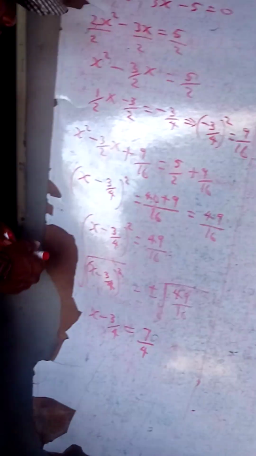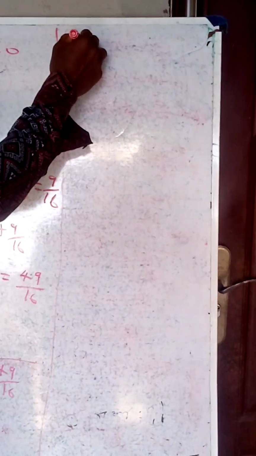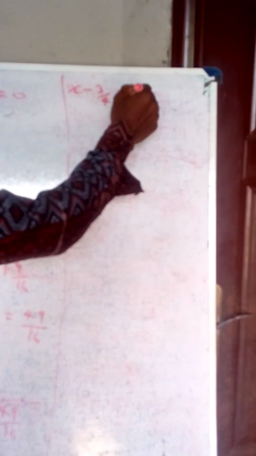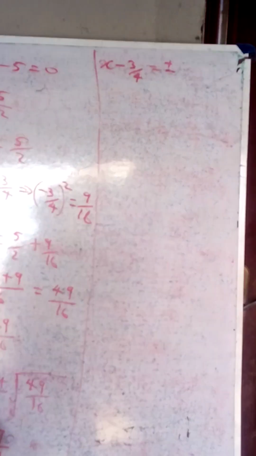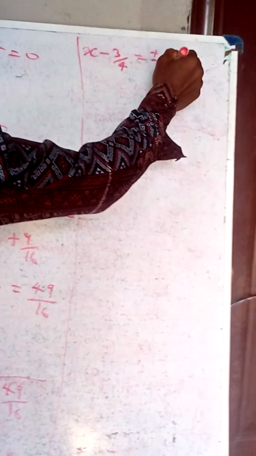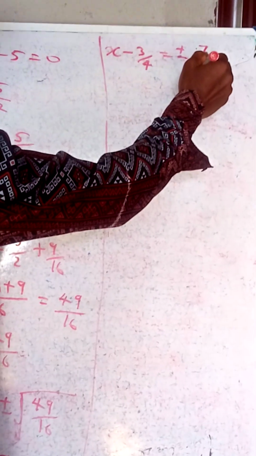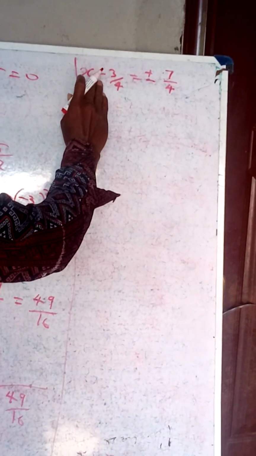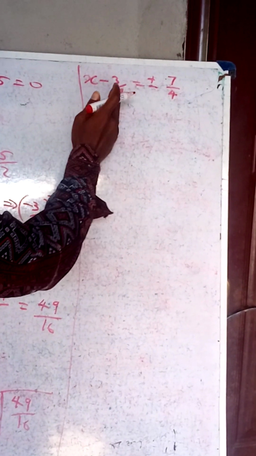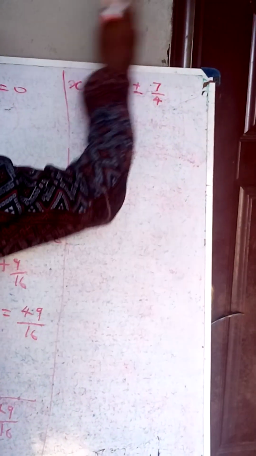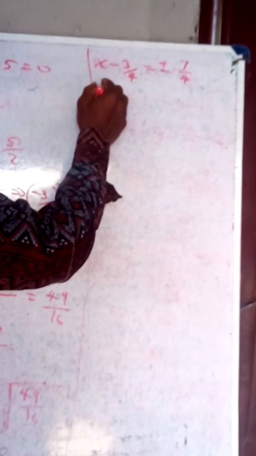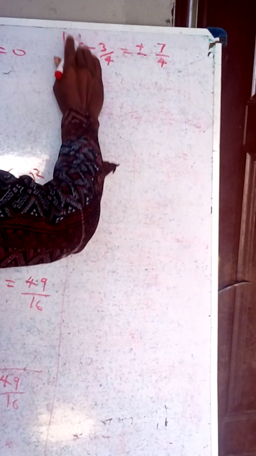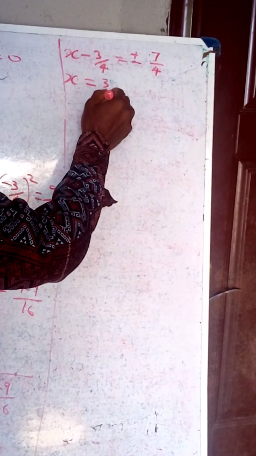Let's go to this other side. So we have x minus 3 over 4 is equal to plus or minus 7 over 4. Alright, so since we are looking for x, minus 3 over 4, that is with x in this side, is going to cross to this other side, and we'll be having x equal to 3 over 4.